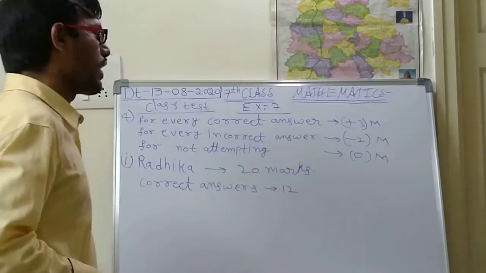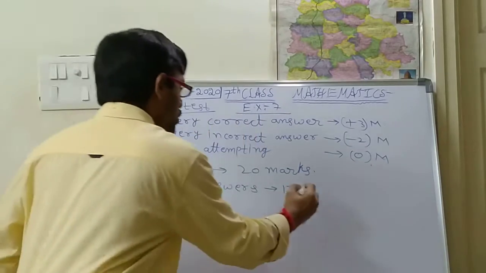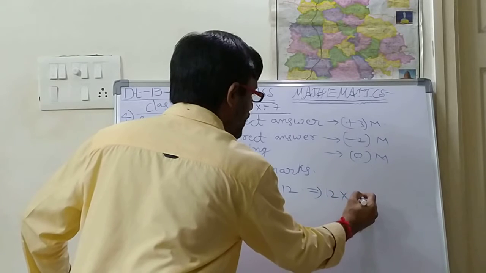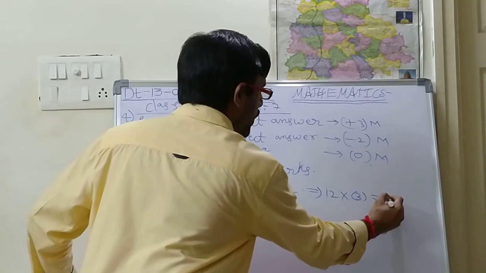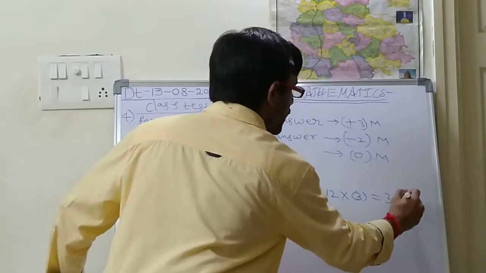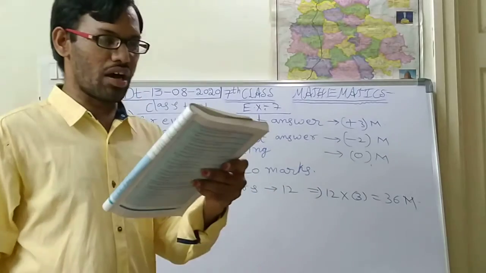For every correct answer, how many marks? 3 marks. So for 12 correct answers, 12 into plus 3, 12 into 3 is 36 marks. So for correct answers she got 36 marks.